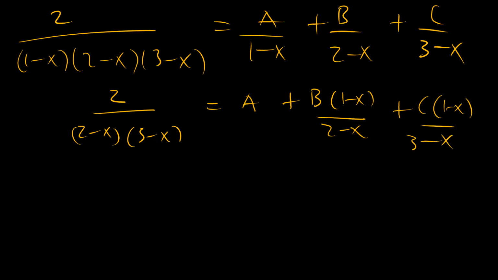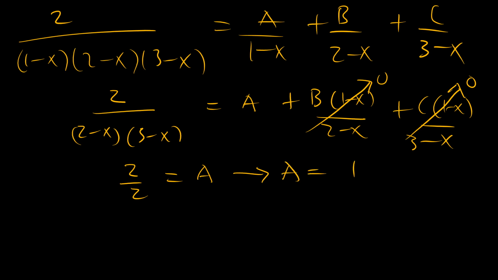And then we substitute in 1 in place of x. This goes to 0. This goes to 0. And so 2 minus 1 is 1. 3 minus 1 is 2. And so we have 2 over 2 being equal to A, meaning that A is positive 1.